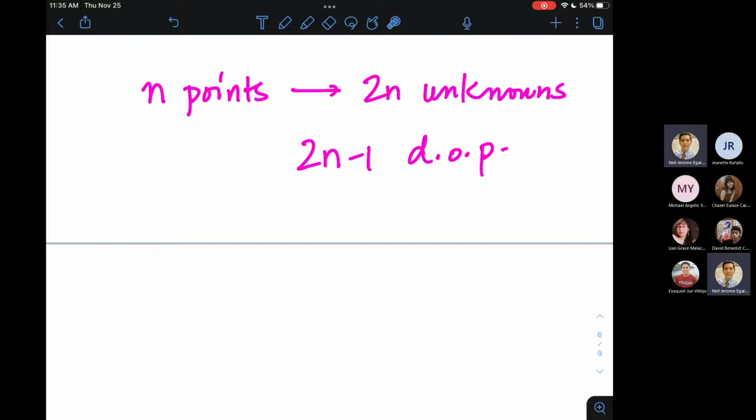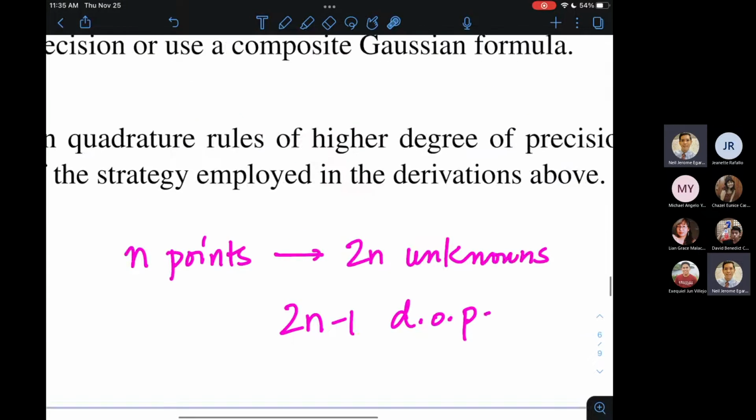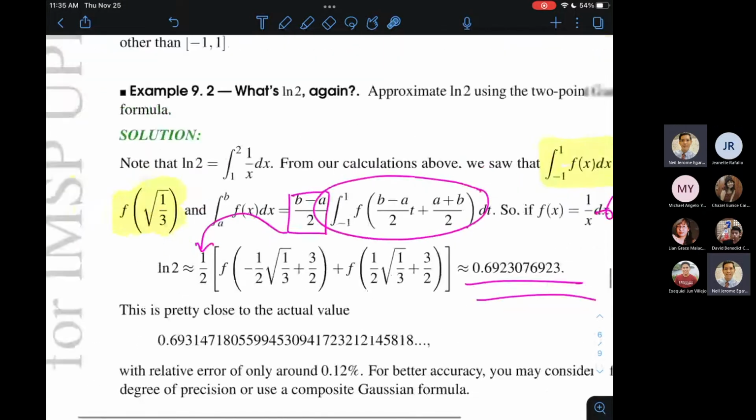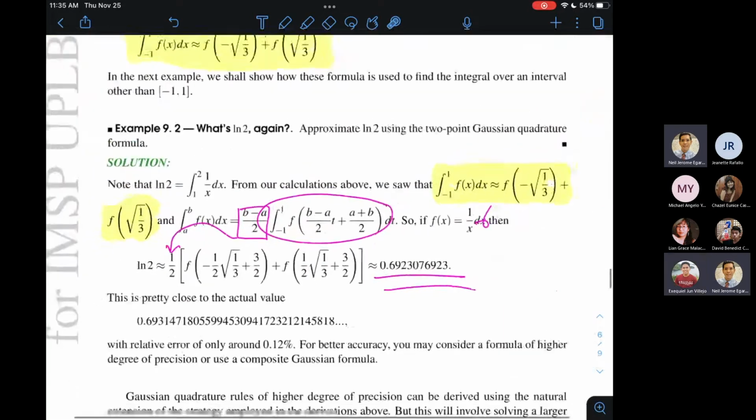Okay? And then dahil yung mga abscissas na mako-compute natin mula dun sa normalized system of equations ay mga numbers from -1 to 1, in order for us to use those formulas or the resulting Gaussian quadrature rule, dapat ay gamitin natin yung substitution rule pabalik dun sa interval AB. Okay? So, dun natapos yung discussion natin last time ng example 9.2.